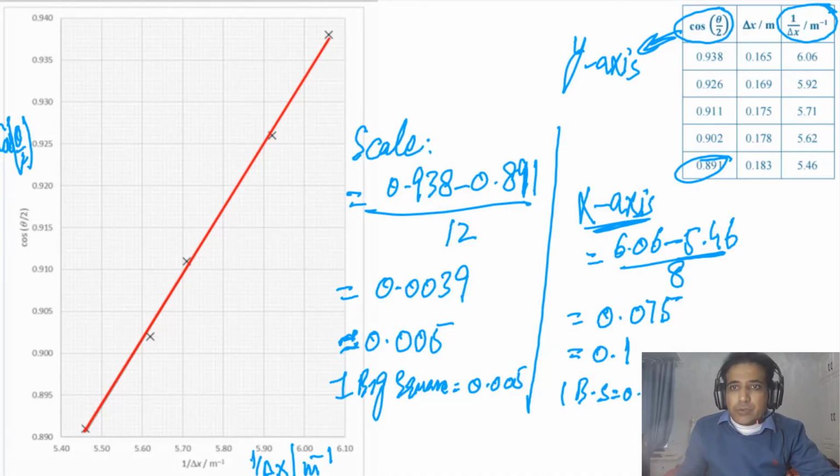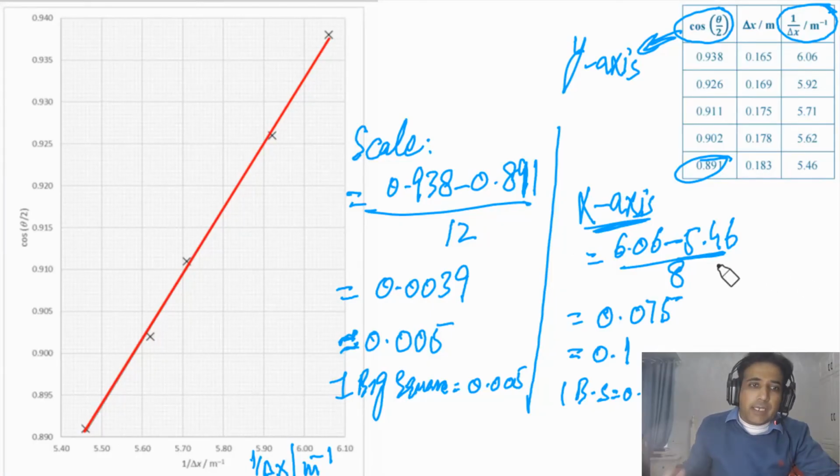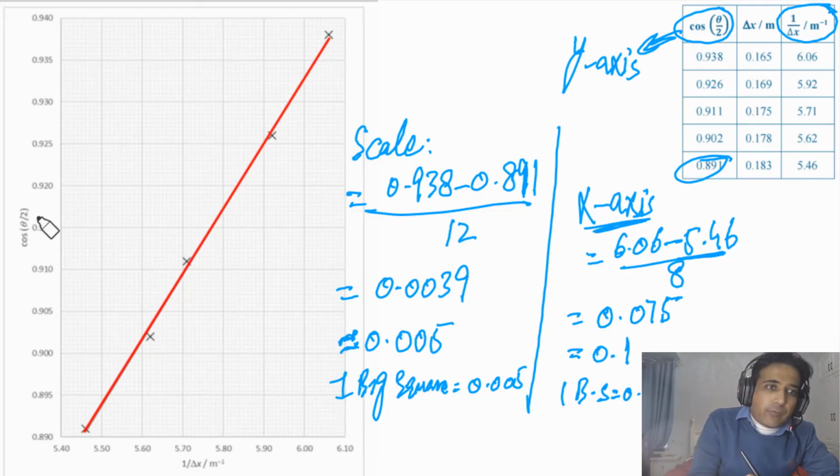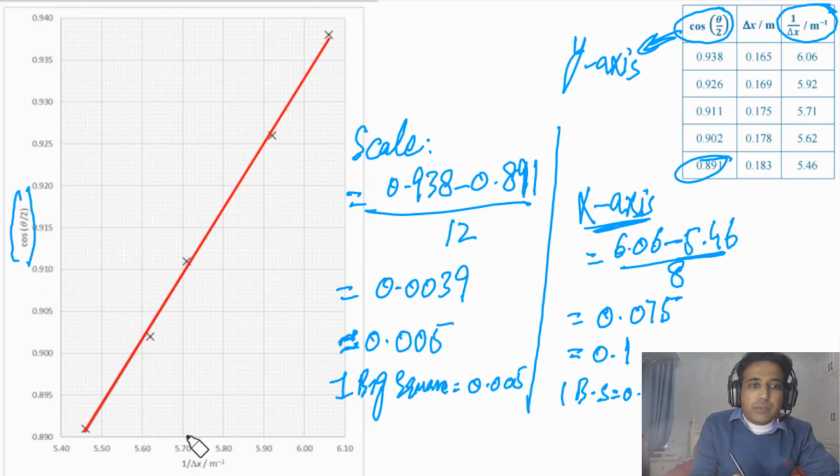In this case, you can see what we have done. We have labeled the x-axis and y-axis with units. Let me clean this one as well. You can see we have a quantity here, but this quantity has no unit. This quantity has a unit, so we have to write down the unit. One big square on the y-axis is equal to 0.005.